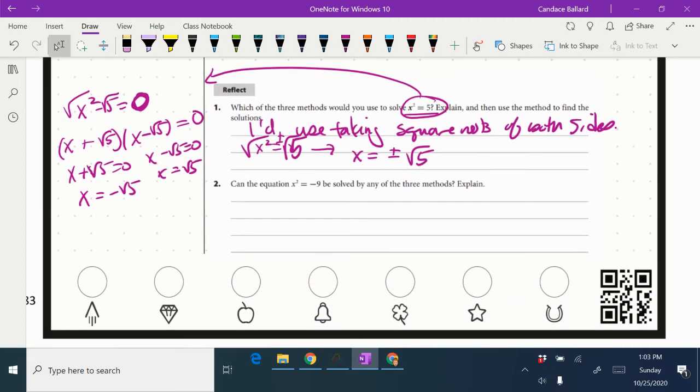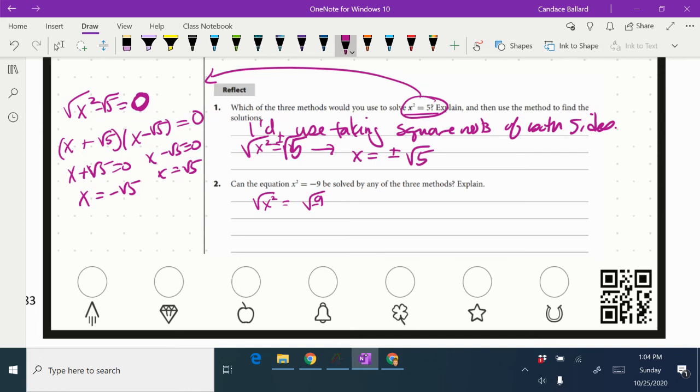All right, so can the equation x squared equals -9 be solved by any of the three methods explained? So what that would mean is if I took the square root of both of those sides, I would end up with the square root of a negative number. Doesn't matter what I do, I'm always going to get down to that because we always get the same answers.